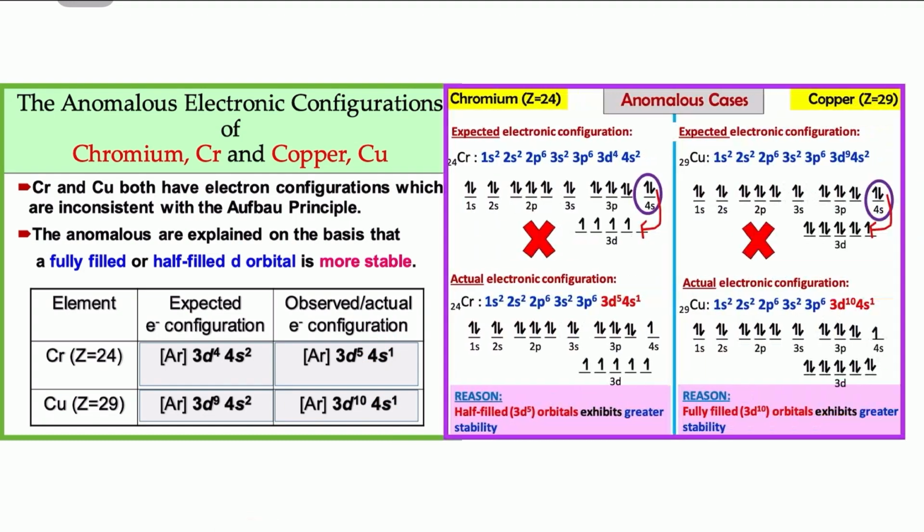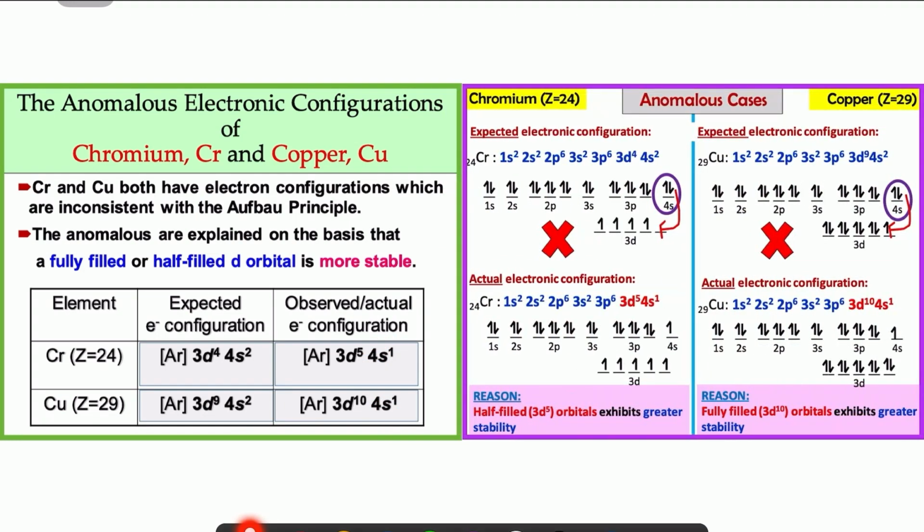Let's see this. For chromium, the expected electronic configuration is 3d4 4s2. This arrangement is not stable. To get the actual electronic configuration with a more stable arrangement of electrons, one of the electrons in orbital 4s moves to orbital 3d.